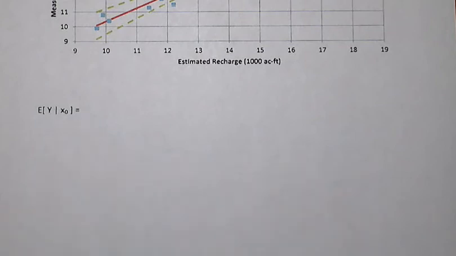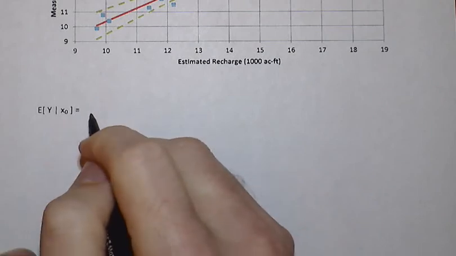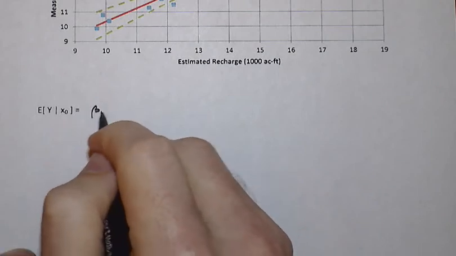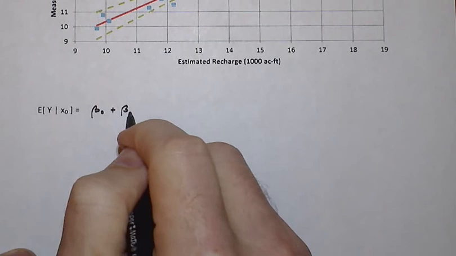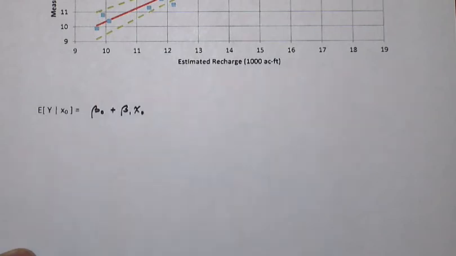Given our line, the expected value of y given x0 is going to be equal to beta naught plus beta 1 times x naught. Remember, x naught is the conditioned value.